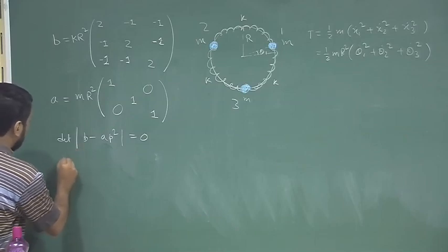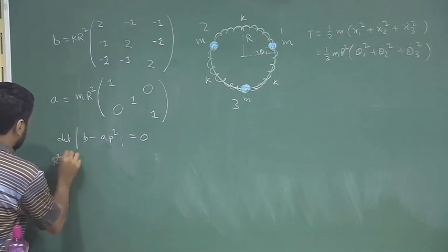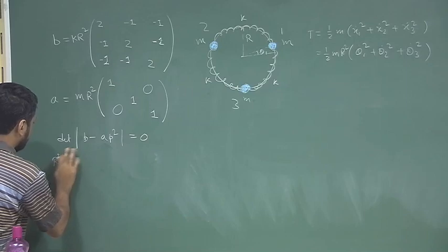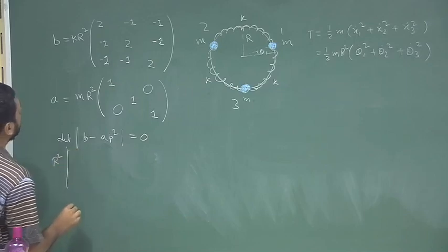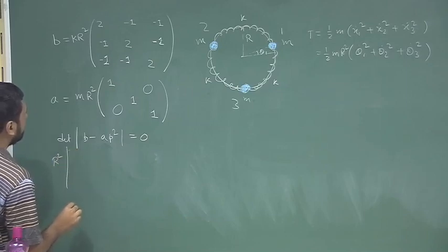Now, it will be r square outside, okay, B minus A, right.